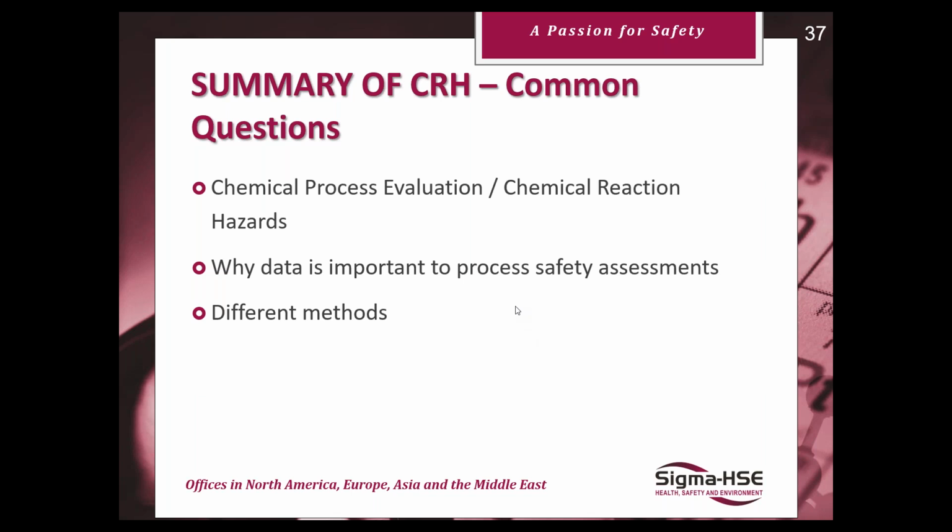Why testing data is important to carrying out these process safety assessments and giving a really solid underpinning. And then also the different methods. We've talked about different testing methods, but also different process safety and risk assessments, like the HACCPs, FMEAs, the different ways available of going through this process.